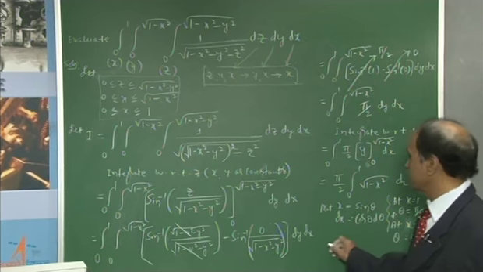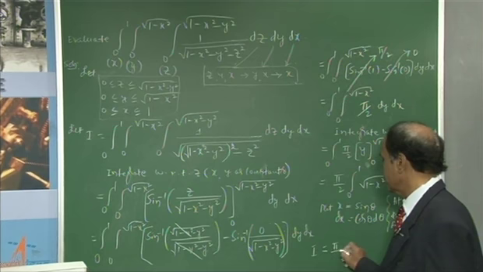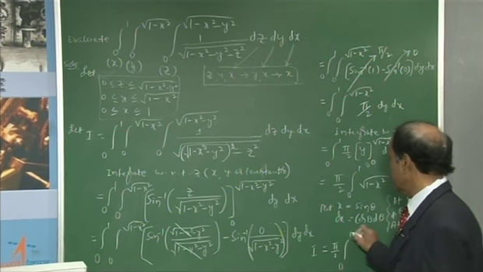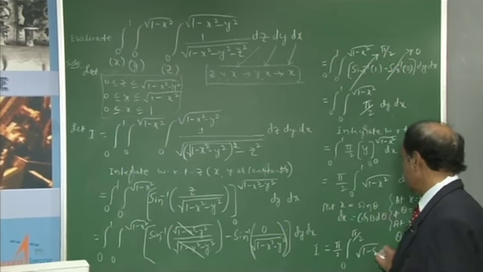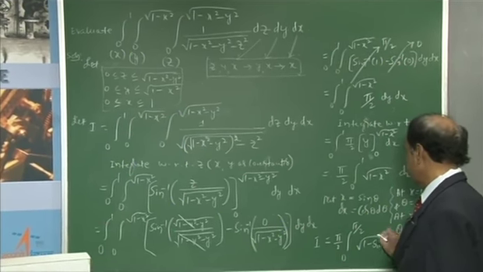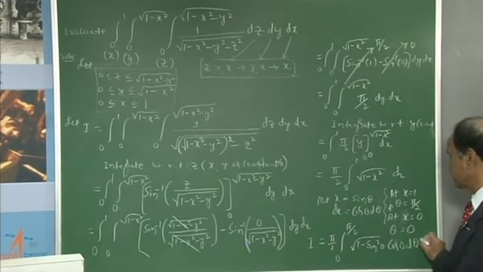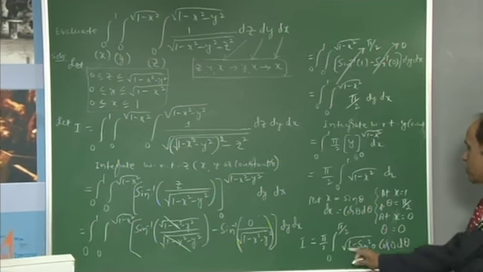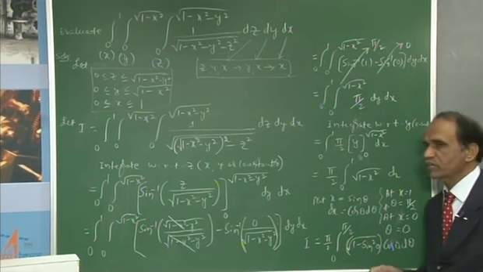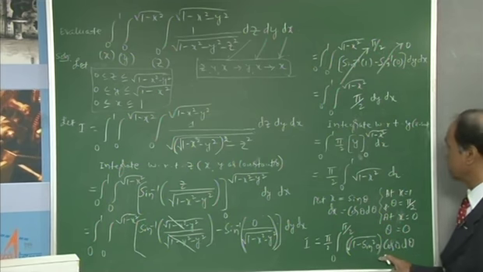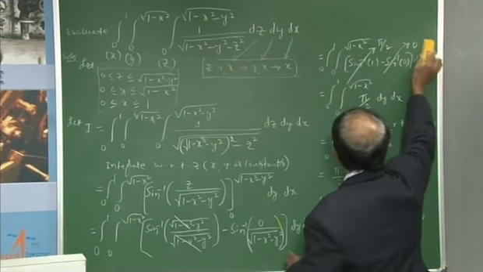Then your integral comes out to be pi by 2 as it is, then 0 to pi by 2, square root of 1 minus sin square theta, then dx is cos theta d theta. Then square root of 1 minus sin square is taken as square root of cos square theta, which leaves the quantity as cos theta.